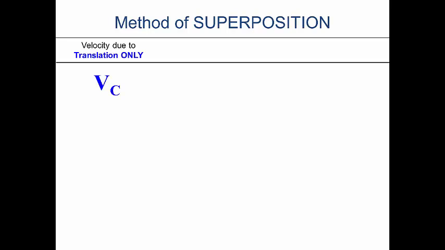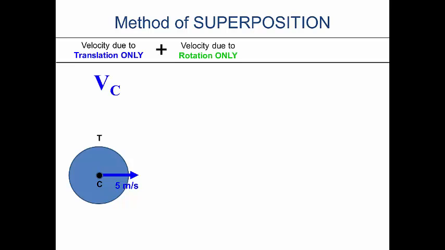The center of the ball, velocity c, is 5 meters per second. That means that as the ball is translating, any point on that ball travels at the same speed. But for this case, we're going to look at just the velocity of the center as being 5 meters per second. We're going to add to that the velocity due to the rotation of the ball only.